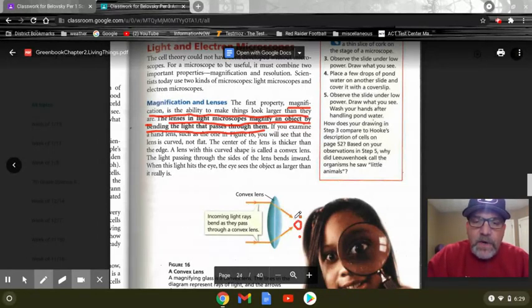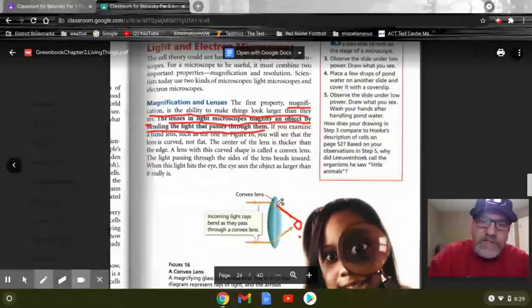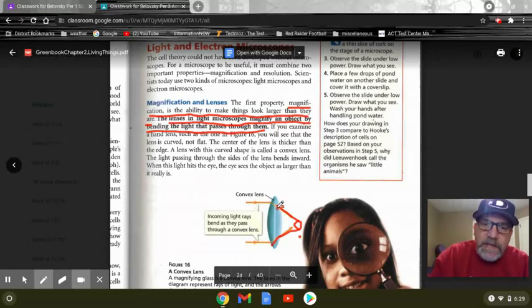As light from the circle goes into this lens, the lens bends the light and causes it to come out, and it makes it move like this.